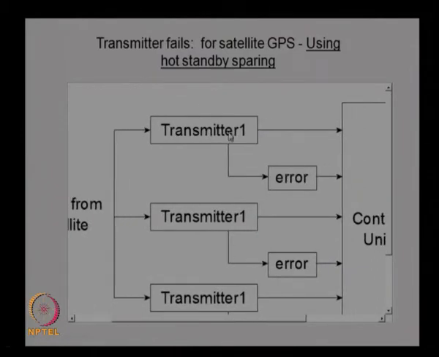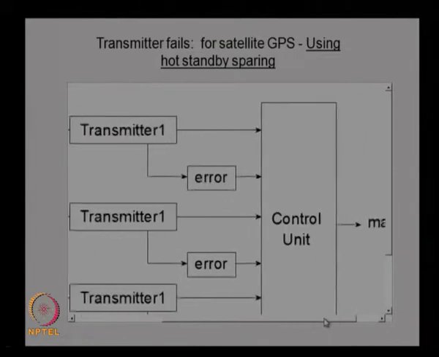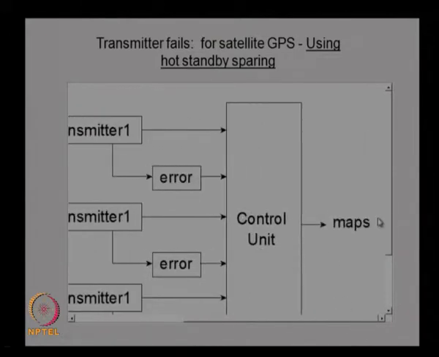Hot standby means all these transmitters will be in the on condition, and there will be an error detector with a specified error declared here. Based on that it will declare whether there is an error or not. If there is an error in this particular transmitter, then automatically data from the other transmitter will be accepted by the control unit, and the control unit will give an output to the system here.